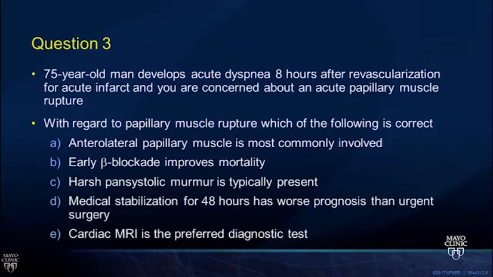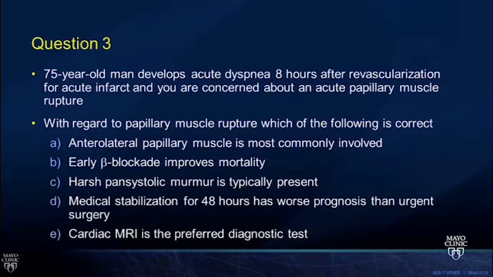Number 3, 75-year-old man, acute dyspnea 8 hours after revascularization for an acute infarct. You're concerned about an acute papillary muscle rupture. If you're thinking about a papillary muscle rupture, you have to know what's going on.